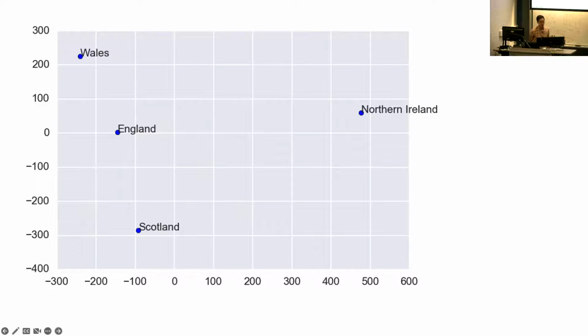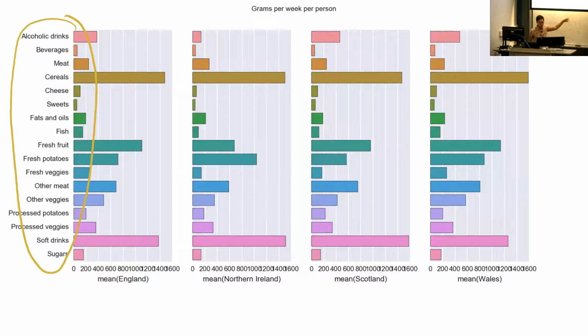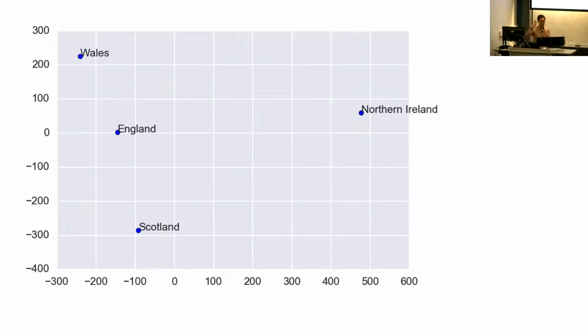Here, Northern Ireland sits apart in some way. And you can go back and ask why, and inspecting the principal components gives you a way to go back to the original features and ask, is there a subset of these that explains the main difference resulting in a separation of, say, Northern Ireland on one side of this strange coordinate system that we've plotted the points on versus the other 3 countries? Okay, so this would be an example of identifying structure.